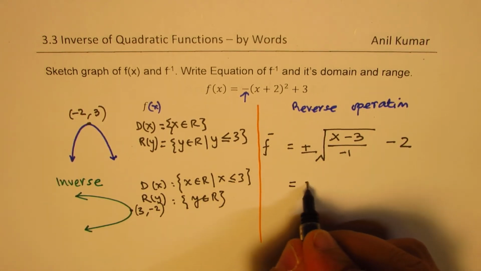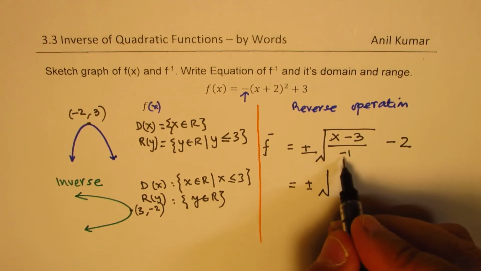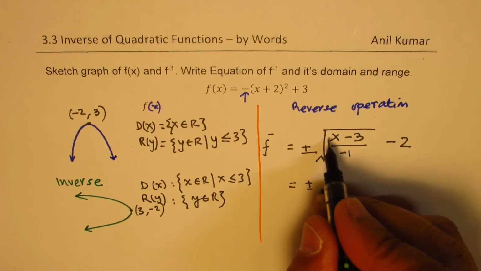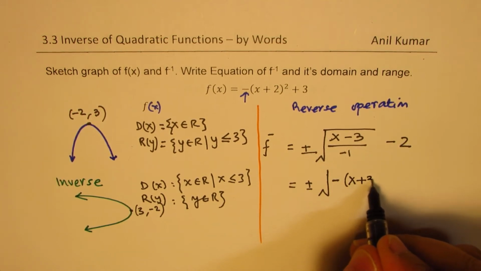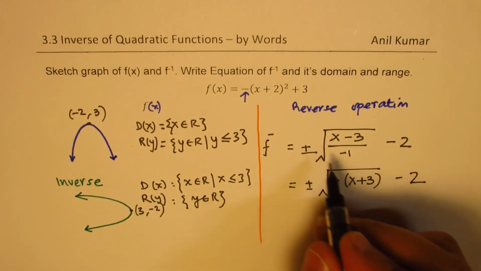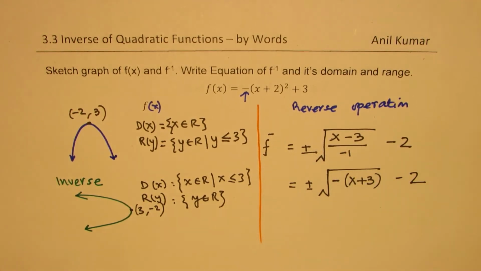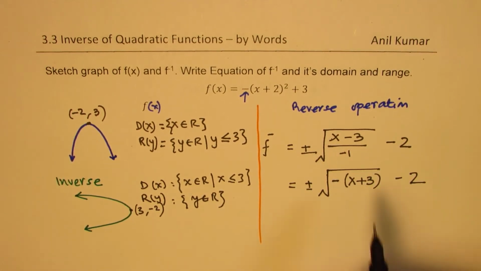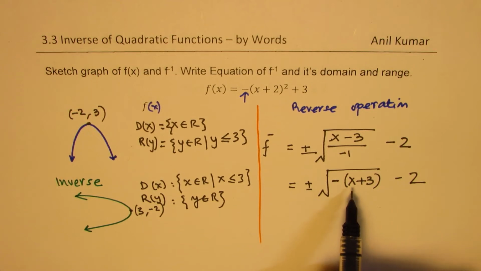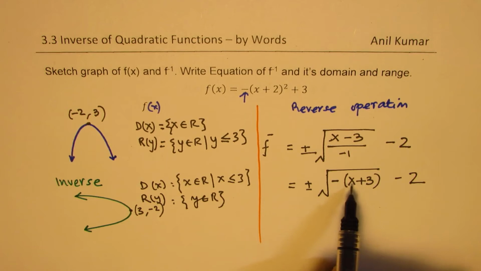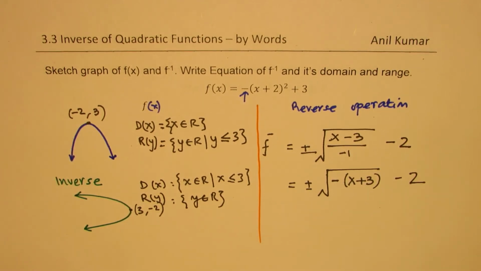So I could rewrite this as plus minus square root of, taking care of this unit, we have minus of, taking minus common, x plus 3, correct? Minus 2. So we've taken this minus outside, so when you open this bracket, it becomes plus 3, correct? So now you understand that the value of x should be less than equal to 3. Only then this value will be positive, correct? So that is how you should do it.